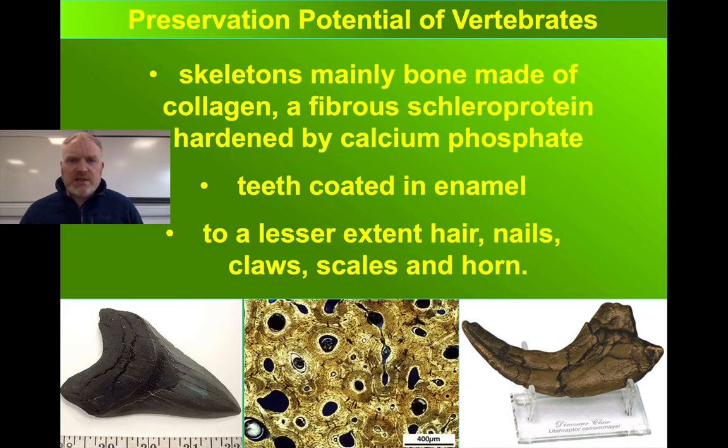They're the most resistant things to all the processes that can happen to an organism following or even during death. To a lesser extent, you can get other things preserved in more exceptional circumstances. Hair and skin imprints, horn, that type of thing.